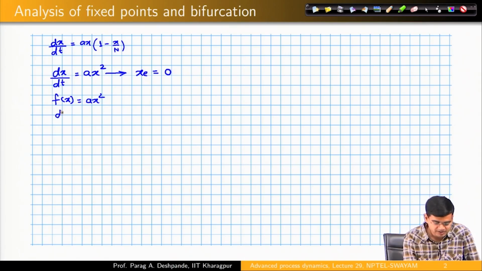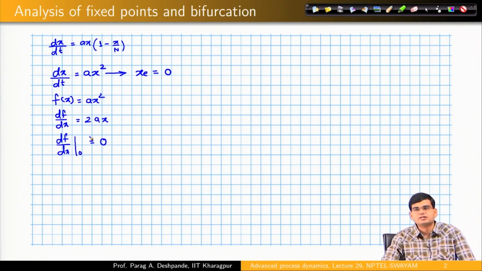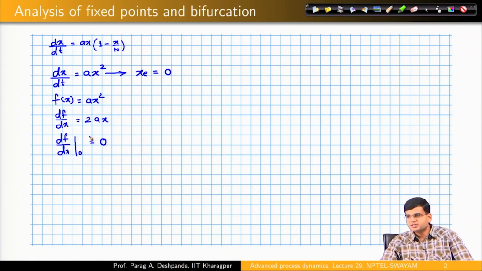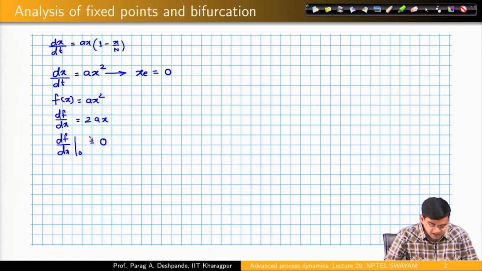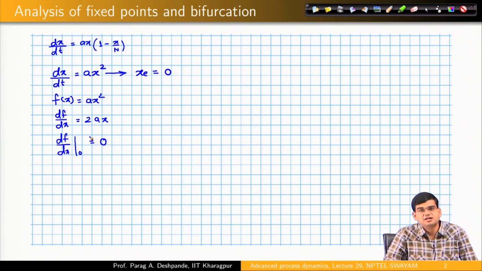You will do df by dx, it is equal to 2 a x. So, therefore, df by dx at 0 is in fact 0. Okay. Now, this basically means that you have a bifurcation in the system about x equal to 0 and a equal to 0.